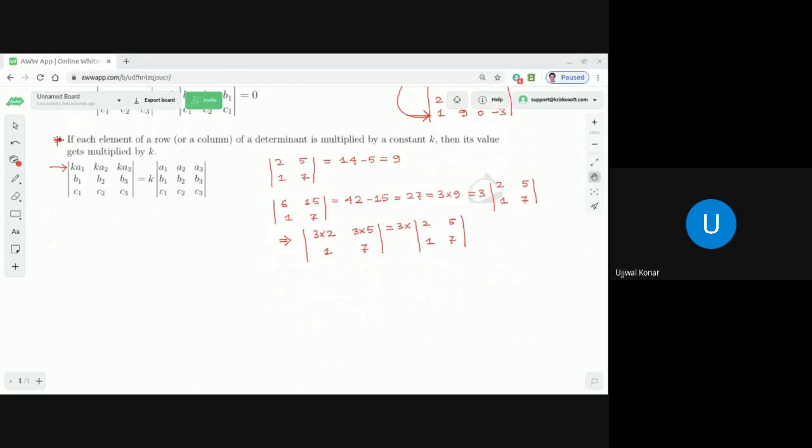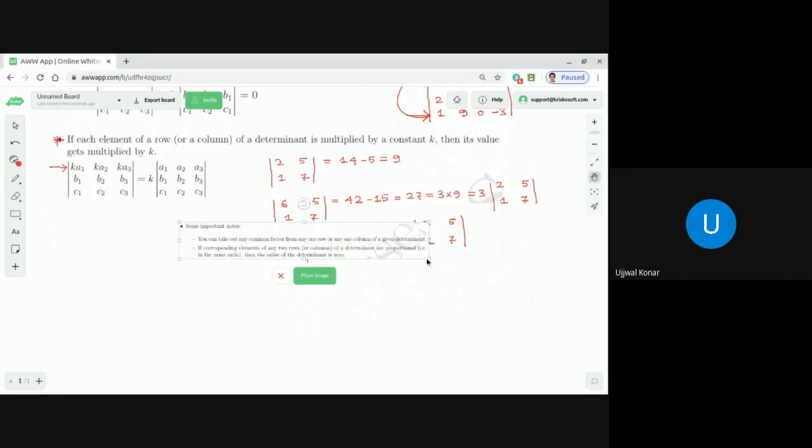You can take out any common factor from any one row or any one column of a given determinant. So let me first write it down, and then let me show you how it actually makes sense with an example.